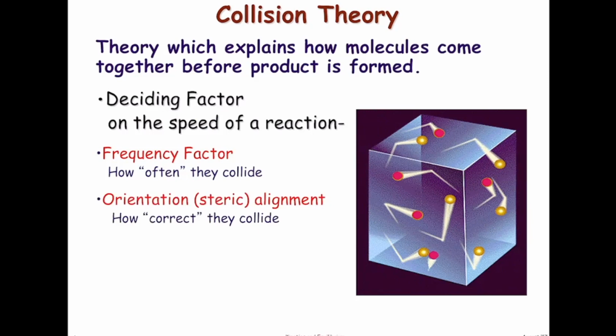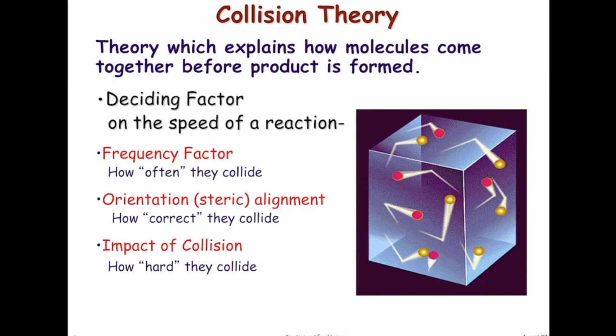Then, and you can't see this, the chemicals have to align correctly so that the right bond breaks and the right bond forms in order to get your product. So that's called the orientation factor. And then finally, how hard they hit is something called the activation energy.